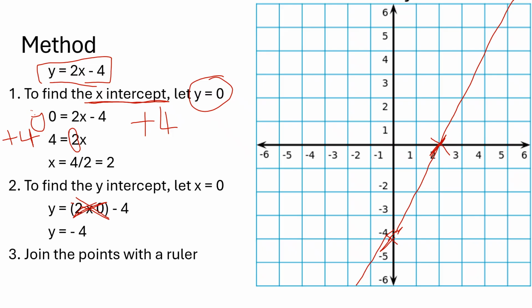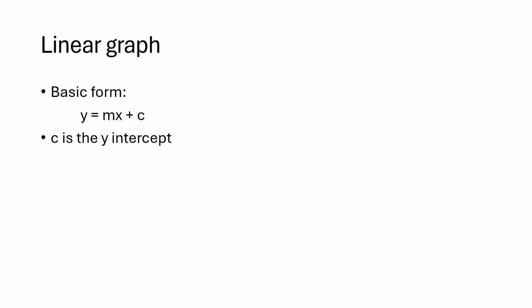We notice that the y-intercept, minus 4, is the same as the minus 4 we have in our equation. And if we look at the basic form for a line graph, y equals mx plus c, c is our y-intercept.